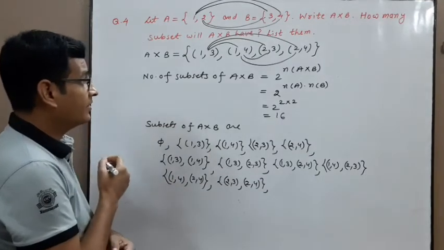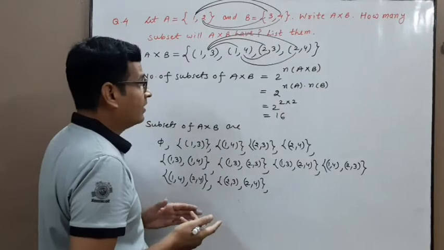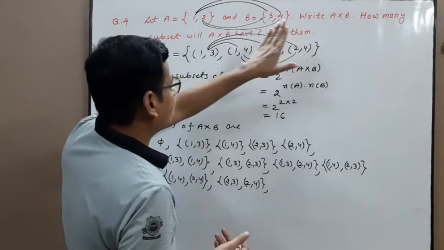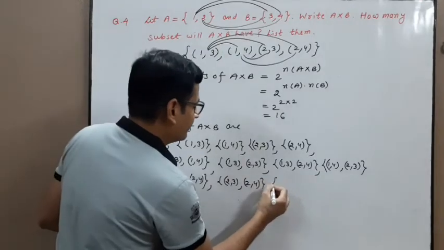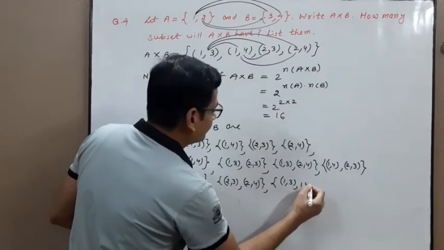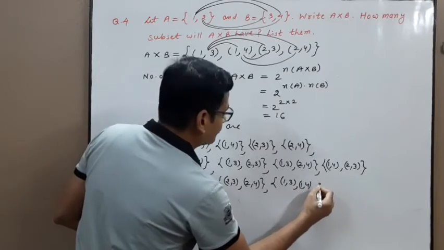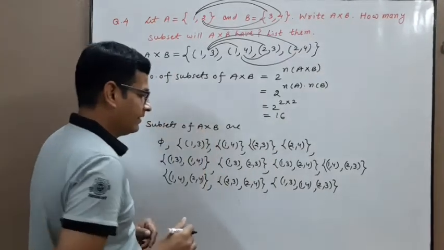Now take 3 at a time. There are 4 ordered pairs. Take 3 at a time. First time don't take (2,4), second time don't take (2,3), third time don't take (1,4), in this way. So (1,3), (1,4), (2,3). First time don't take the last ordered pair.